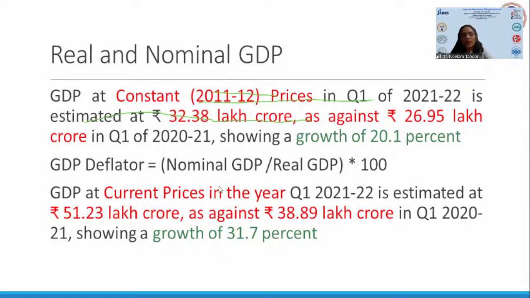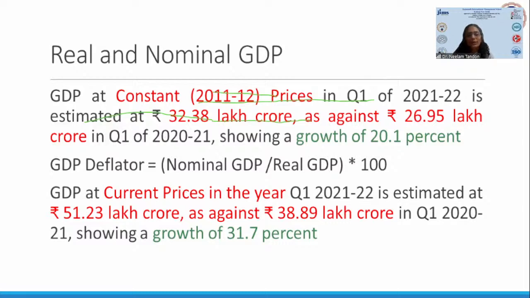But to nullify the impact of the price increase, like I shared, if the price of the mobile increases to 200 rupees, 100 into 200 is 20,000. So basically the price is increasing. But when we talk about 100 rupees and 100 mobiles, the price is half, and that is why the figure is half.